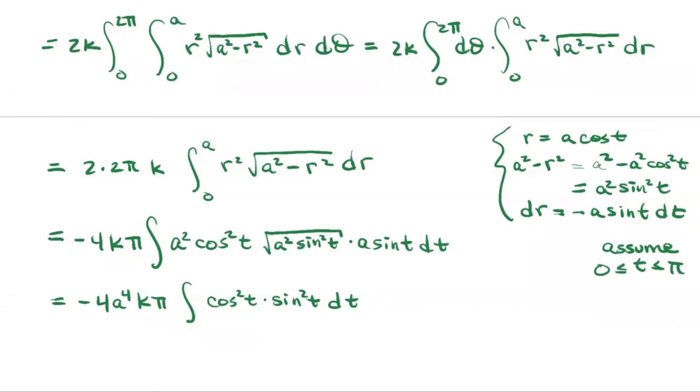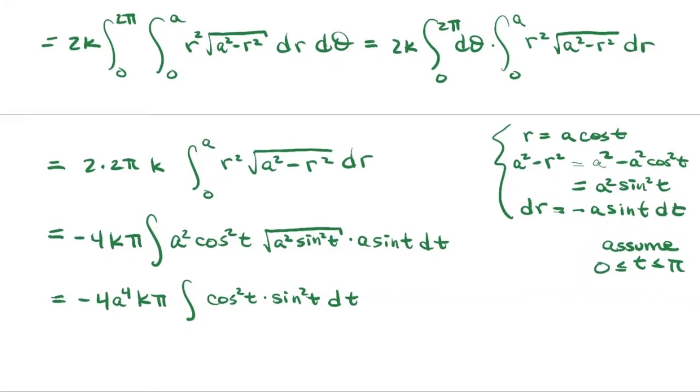Okay. And let's make sure that works out with these limits, because if it's not, then I'll have to worry about that. All right, so when r is 0, I need a cos t to be 0.